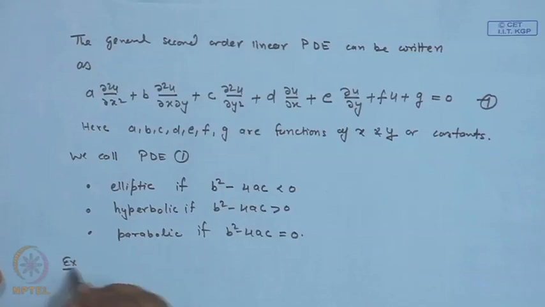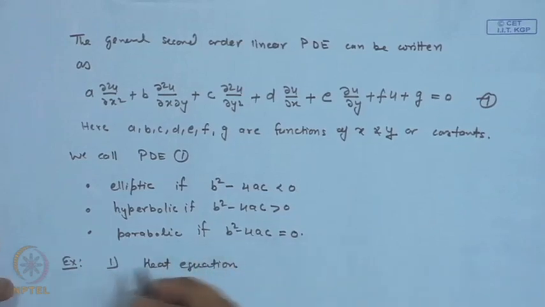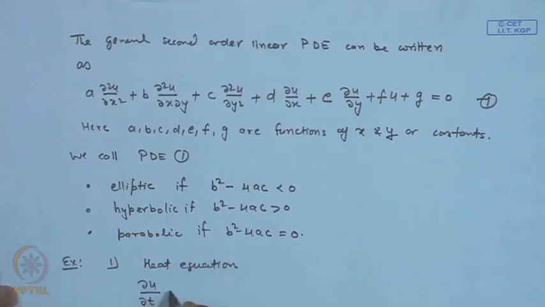The standard examples for this: the first one is the heat equation, and this equation models the phenomena of conduction of heat in a solid. This equation is del u over del t equals some constant alpha, which is the material constant, times del 2u over del x square.